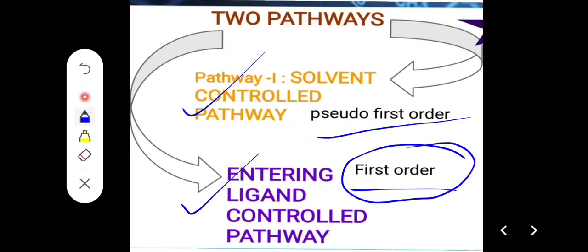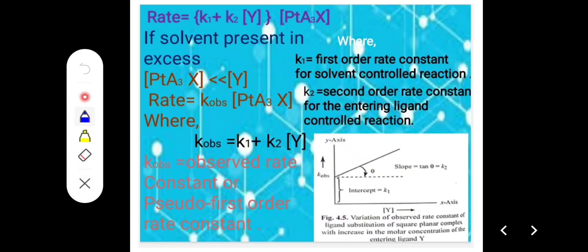Okay, so rate equals k1 plus k2, if we take common [Pt(A3X)], the initial complex, because in both cases the initial complex concentration has a profound effect. So we take [Pt(A3X)] common and we get (k1 + k2[Y]).